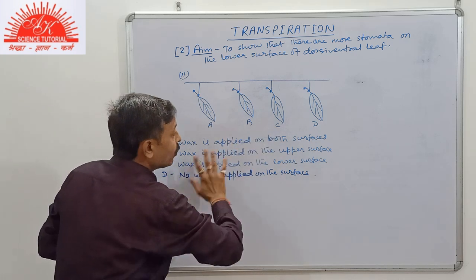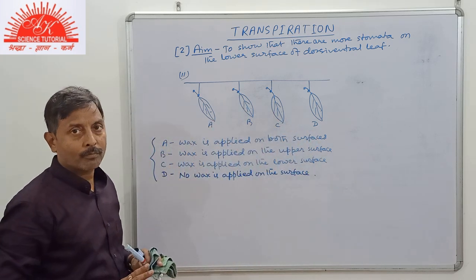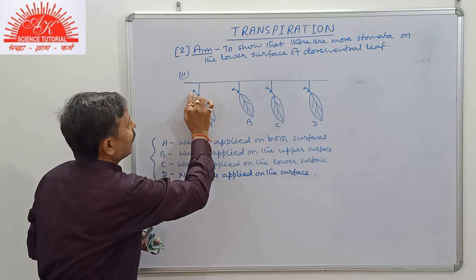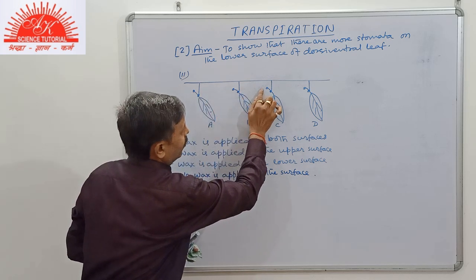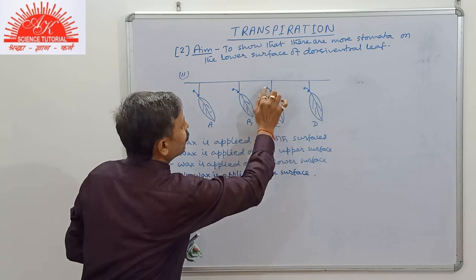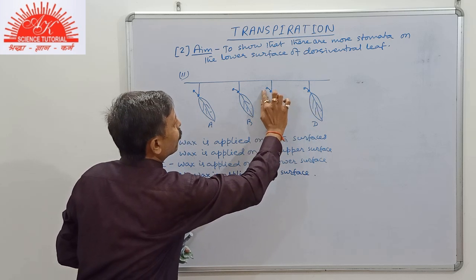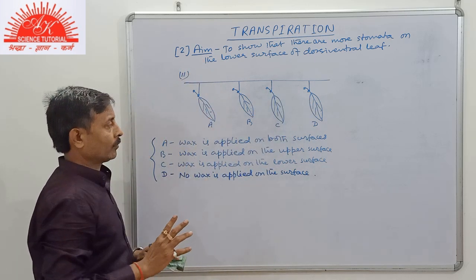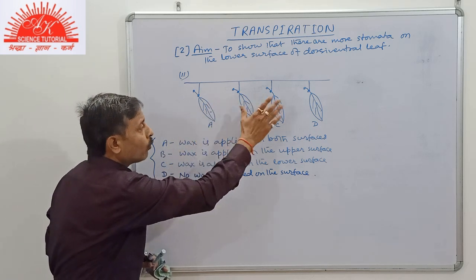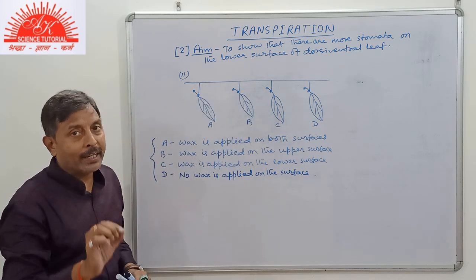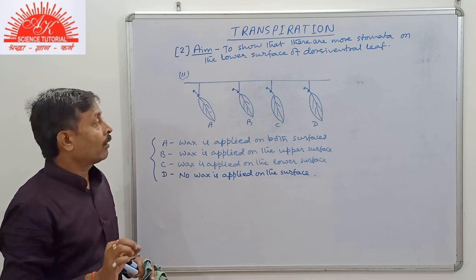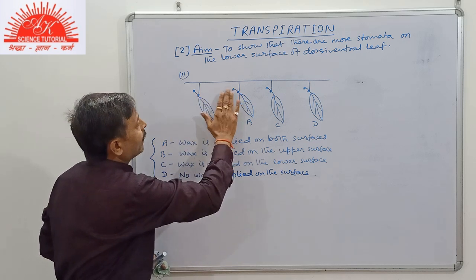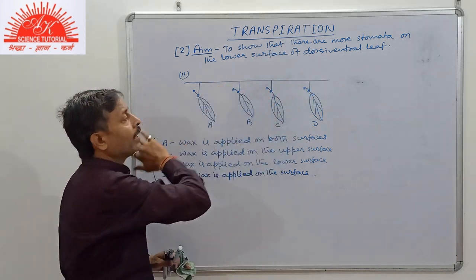And in D, no wax is applied. Then, at the tip of the petioles, we also apply wax to prevent water evaporation from that part. Now, the 4 leaves are weighed separately and then suspended with the help of string in the sunlight.